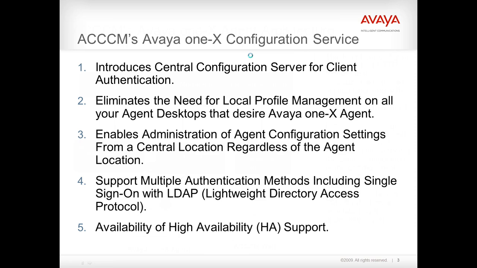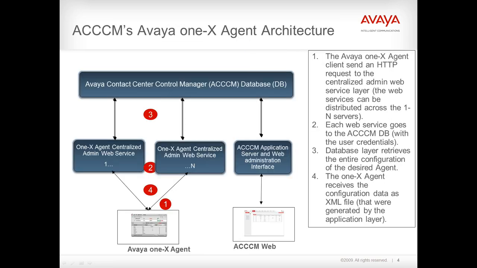The following diagram represents the sequence or transaction flow between an ACCCM server and a 1X agent client. The very first step is to launch the client itself on the agent desktop. Once we launch the client, it will search the desktop registry to see whether it is using a centralized admin mode or a local mode.